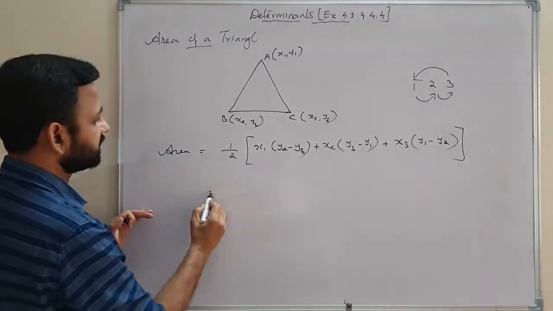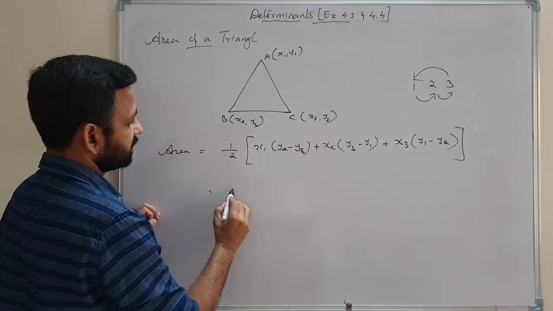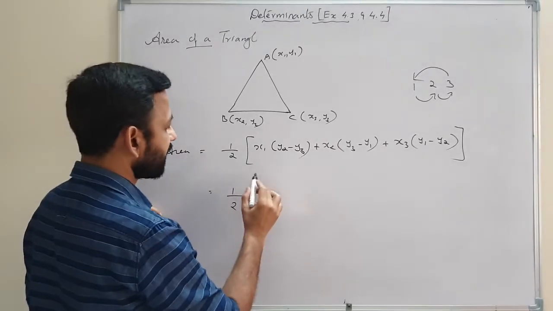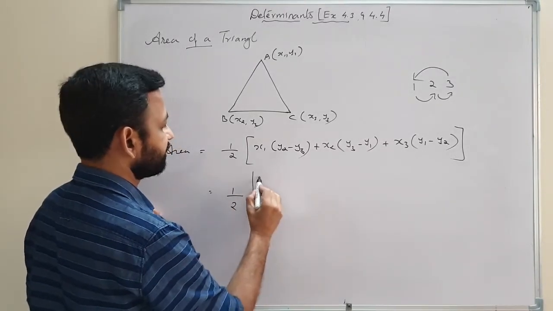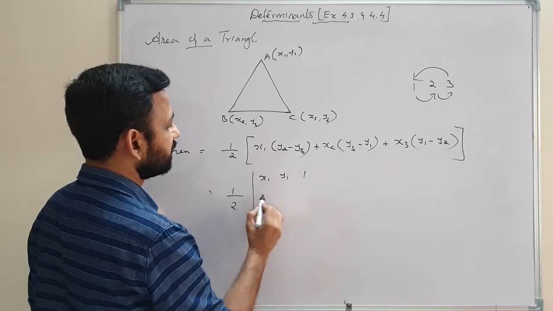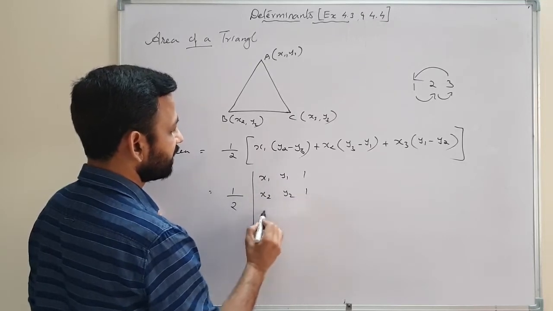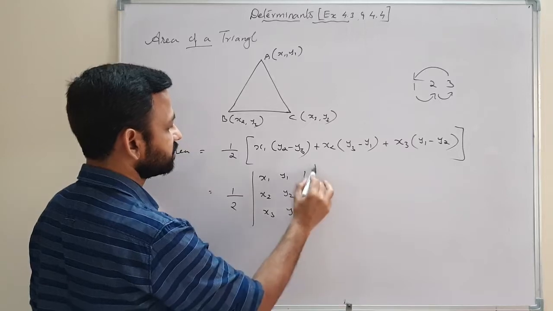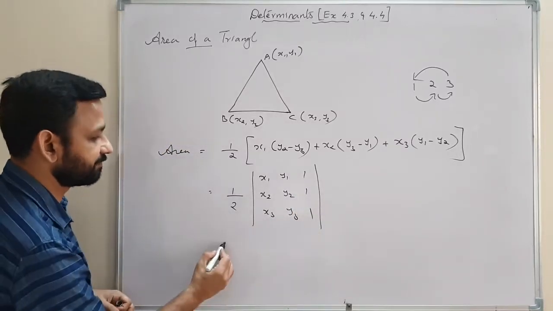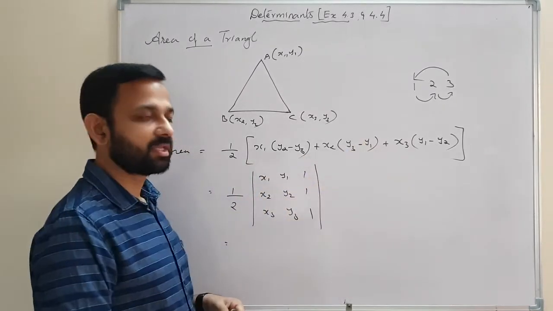Then the same area is the expansion of a determinant: x1, y1, 1, x2, y2, 1, x3, y3, 1. When we expand this determinant, we will get this.